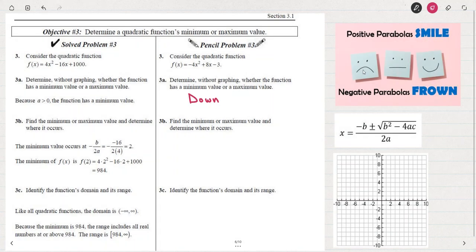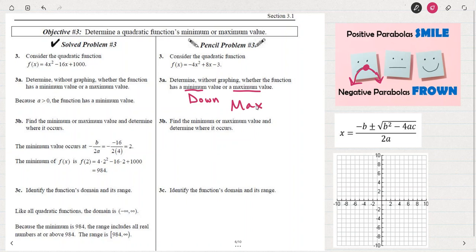If it's opening downward like a frown, that vertex, is it a high point or a low point? Is it a minimum, a low, or a maximum, a high? That's going to be a maximum. So we know we can start by determining without even graphing that this parabola, this quadratic function, is a maximum point.